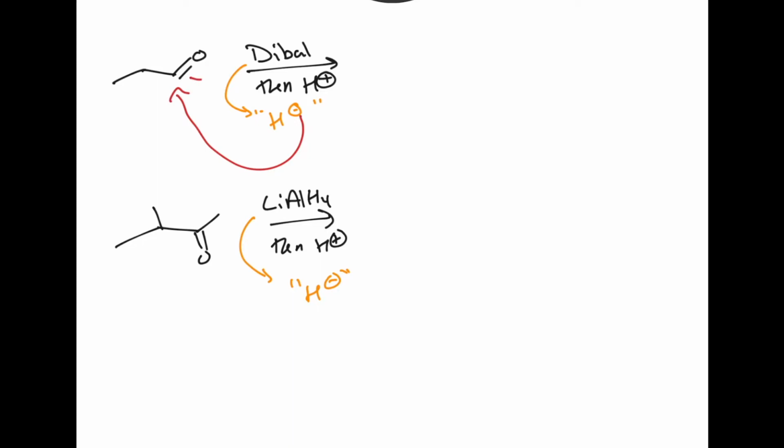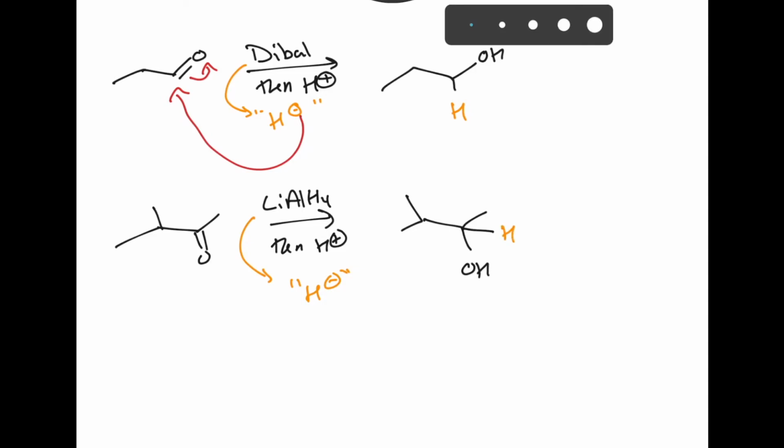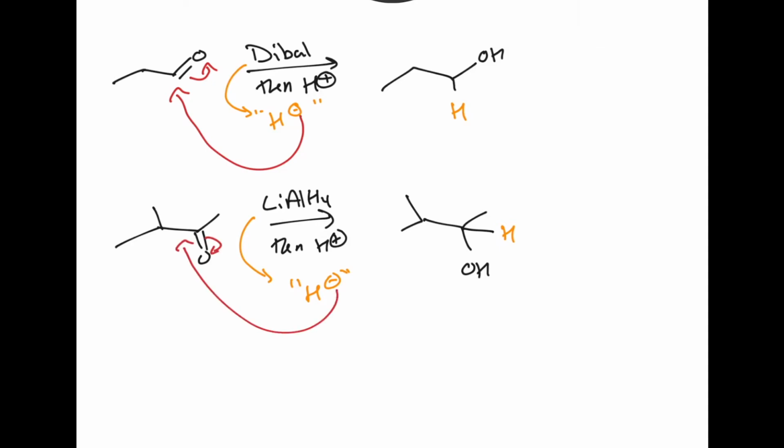They're all adding to that carbonyl carbon and pushing electrons up onto the oxygen to make an alcohol. Right, so even though the reagents are different, they're still doing the same thing in the end, which is giving us H minus so we can add it to a carbonyl group. So far, so good?